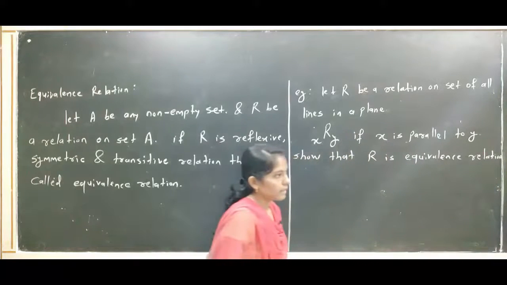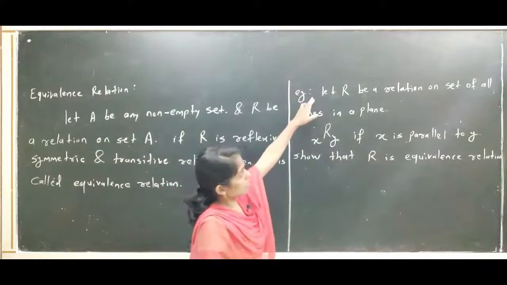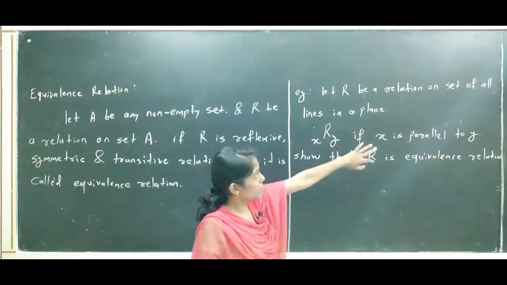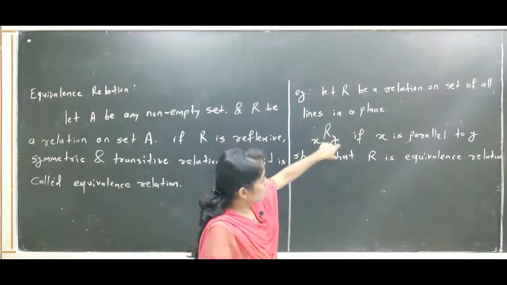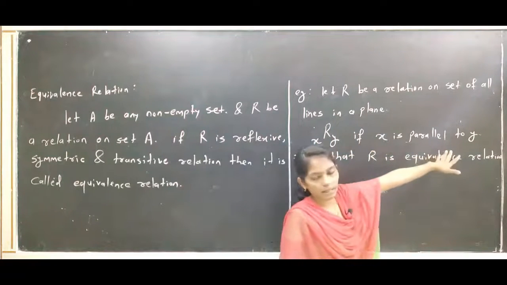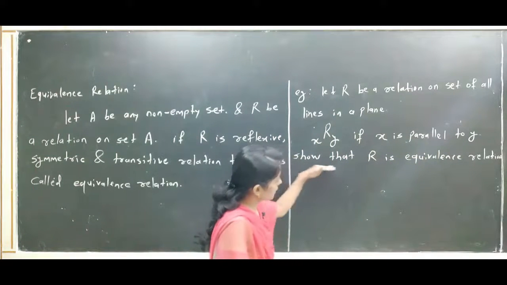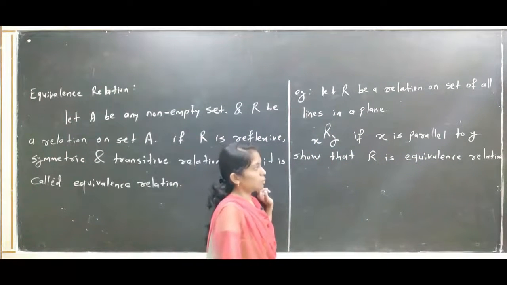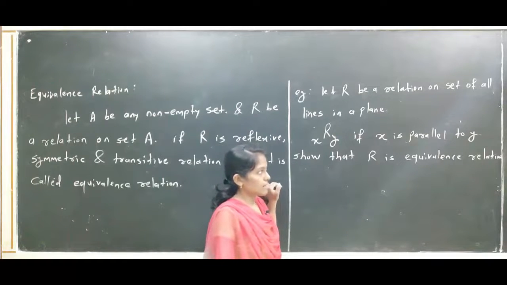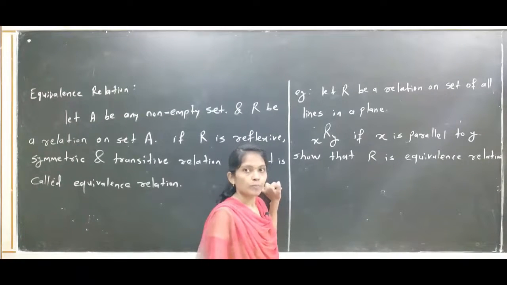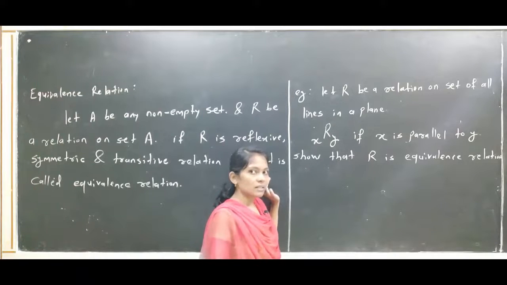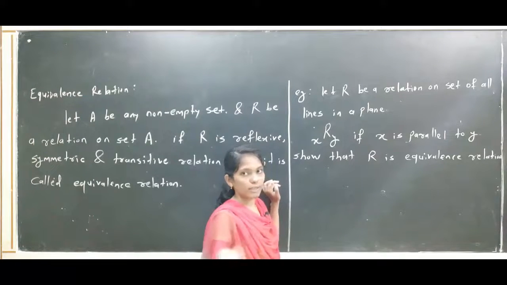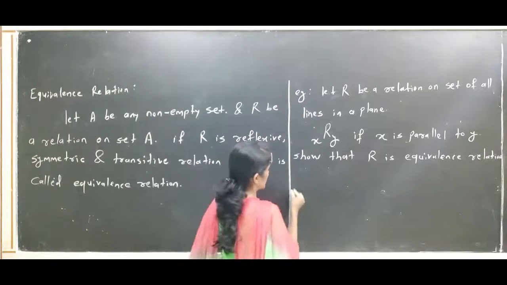So here it is given that R is a relation on the set of all lines in a plane, and x is related to y if x is parallel to y, then and only then x is related to y. Here we want to show that R is an equivalence relation. So equivalence relation means if a relation is reflexive, symmetric and transitive, then it is called an equivalence relation.